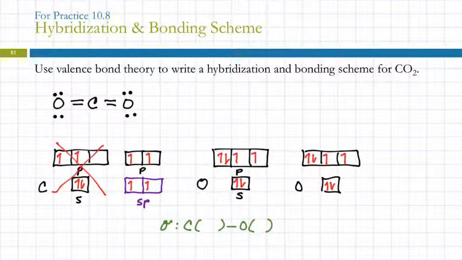And we have to decide, okay, what orbitals is it using? Well, which of these, sp or p, will carbon use to make the first bond? It'll use the hybrid, right? So it'll use this sp, and then oxygen doesn't really have a choice. It's going to have to be a p orbital. So carbon's going to use sp, and the oxygen's going to use p. So we've used one of those and one of these.